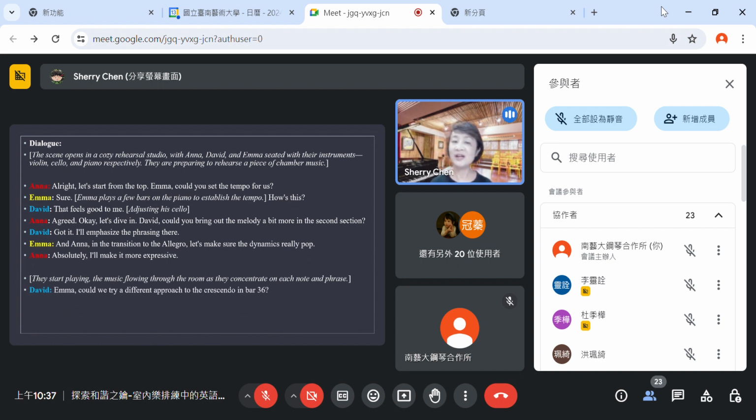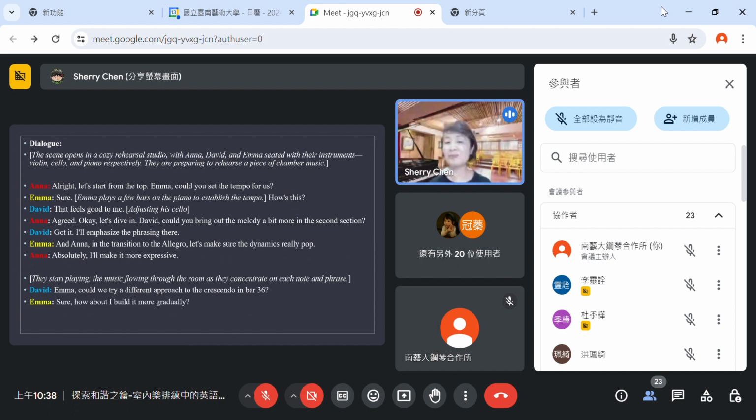David says, Emma, could we try a different approach to the crescendo in bar 36? So do you see David, the cellist, he's asking Emma to do the crescendo differently. Okay, I'm not sure how different. So here, 我们可以讲 bar 36 or measure 36都可以，就第36小节。Emma says, sure.